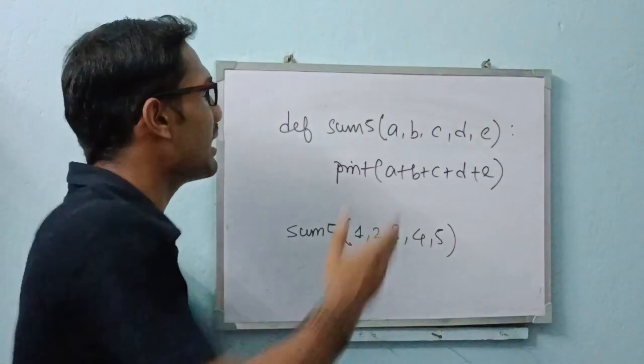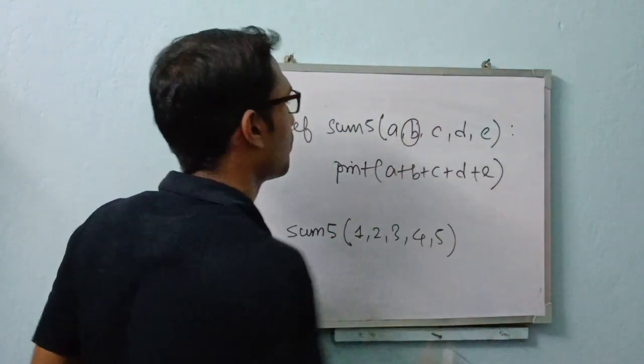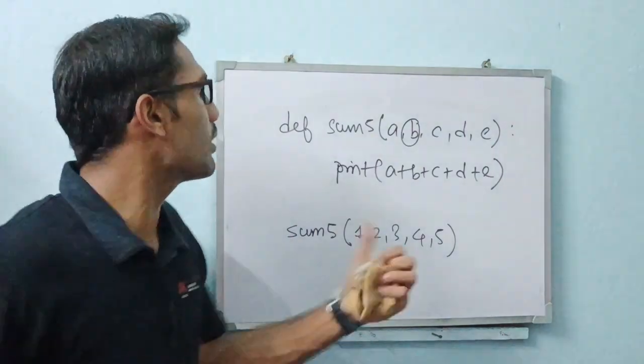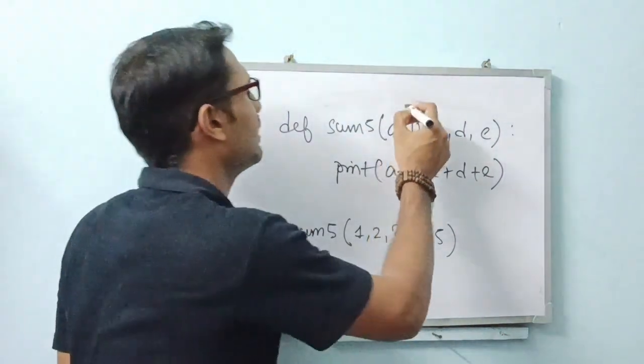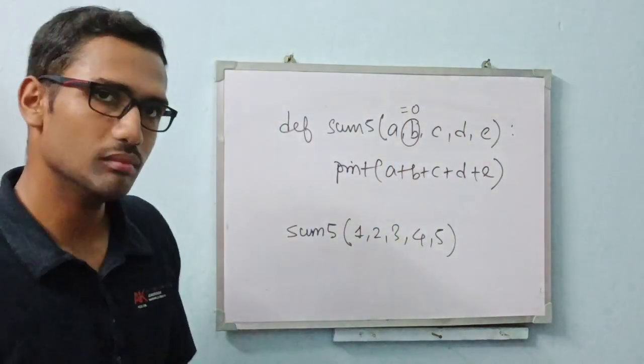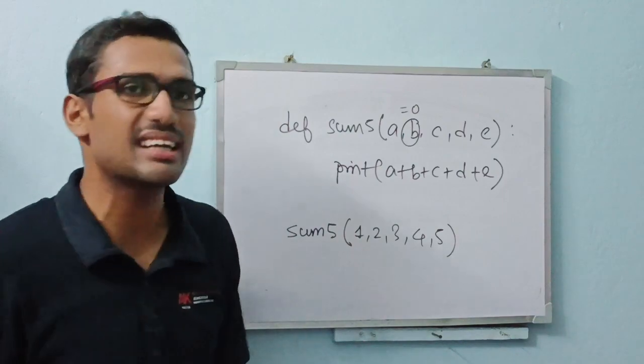Now suppose I want to give a default value to the parameter b, and let's say I want to give 0. But as I told you, there is a condition involved. And what is that condition?